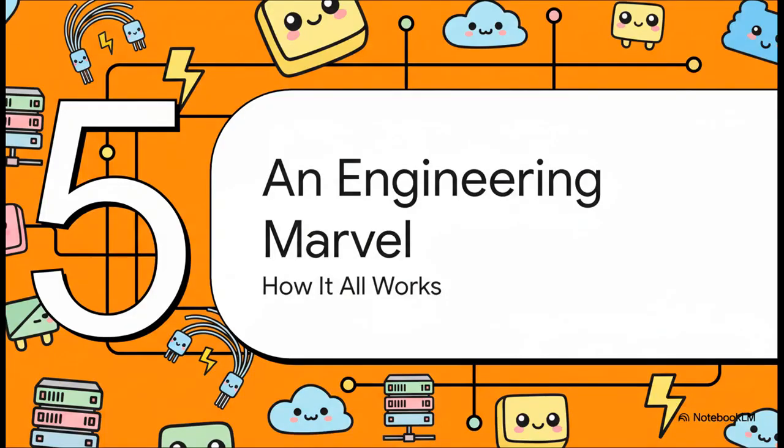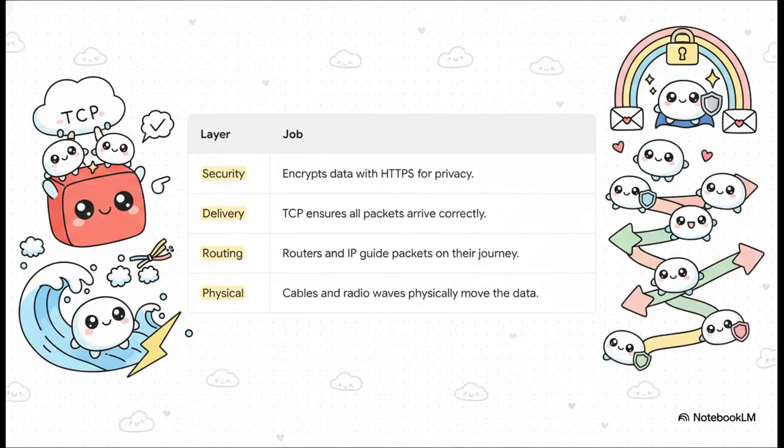So when you step back and look at the whole picture, the physical cables, the smart routing, the quality control, you start to realize what an absolute engineering marvel this whole thing is. The secret to why it all works so beautifully is that it's built in layers. Each layer has exactly one job to do, and it doesn't worry about the others.